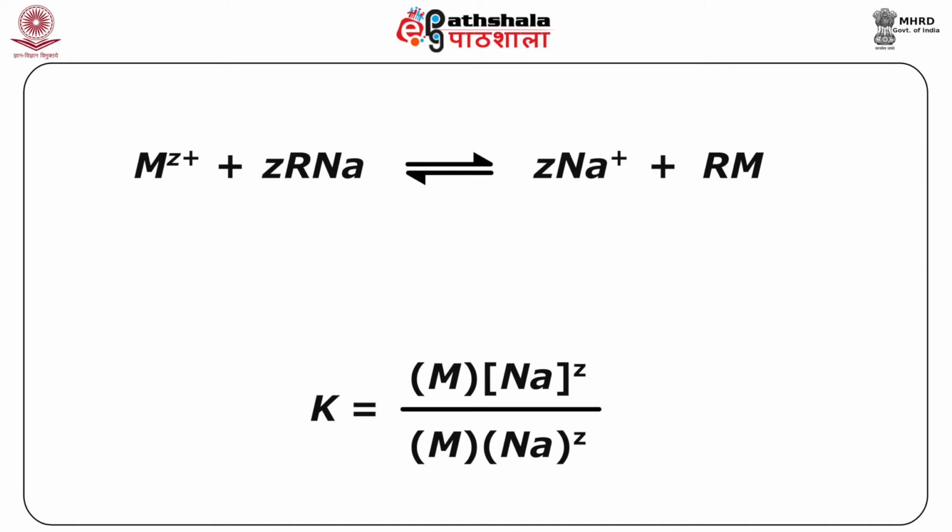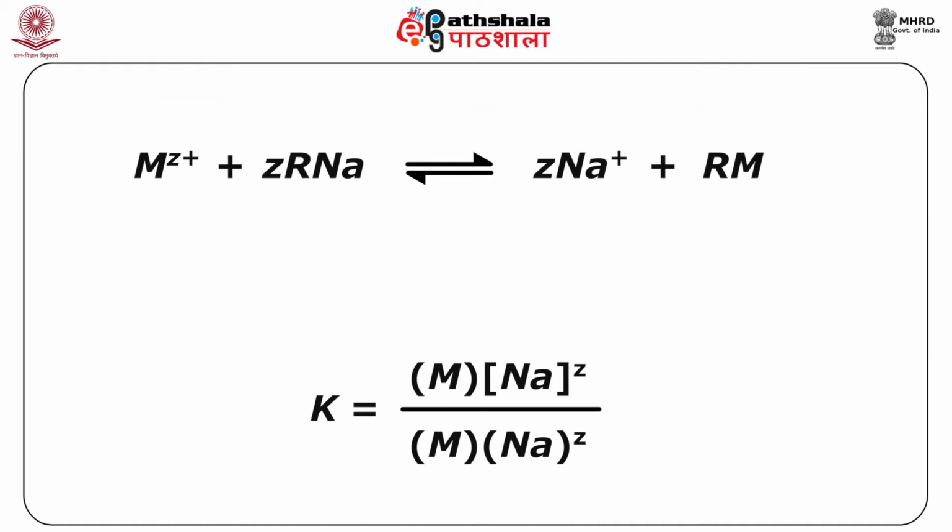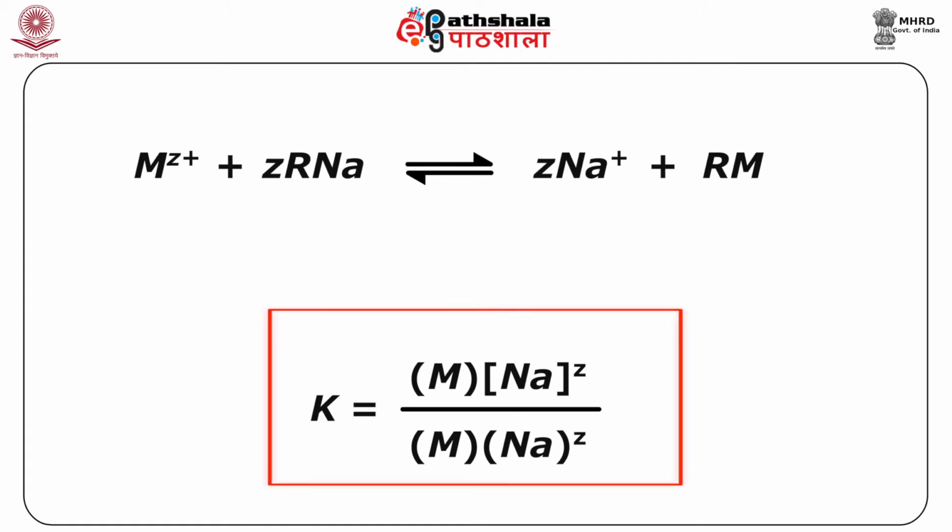The metal ions displace the sodium ions from the resin. So, the M^z+ metal ions are replacing z sodium ions from the resin as shown in this equation. The equilibrium constant is given by the value of K as shown in the equation.